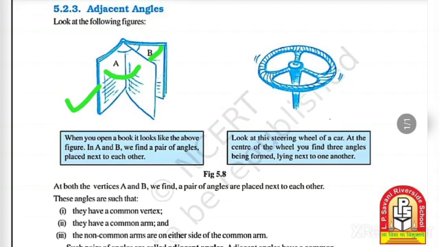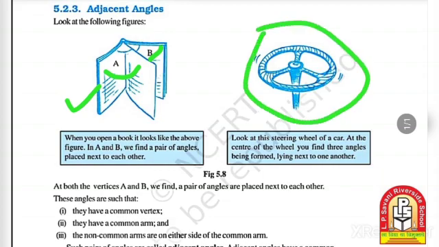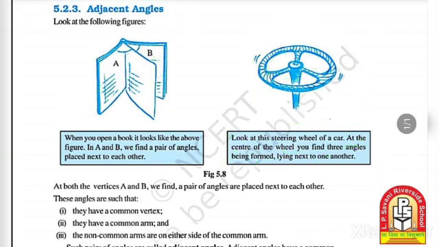And this is the steering of a four-wheeler. Look at this steering. At the center of the wheel you find three angles being formed lying next to one another. So this is one angle, this is another angle, and this is a third angle.